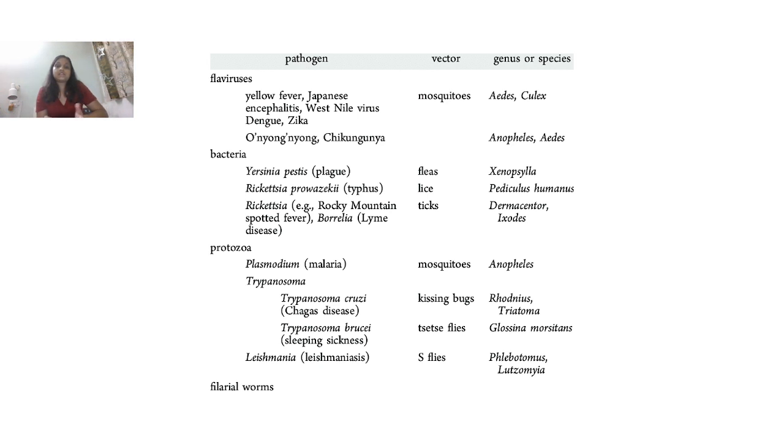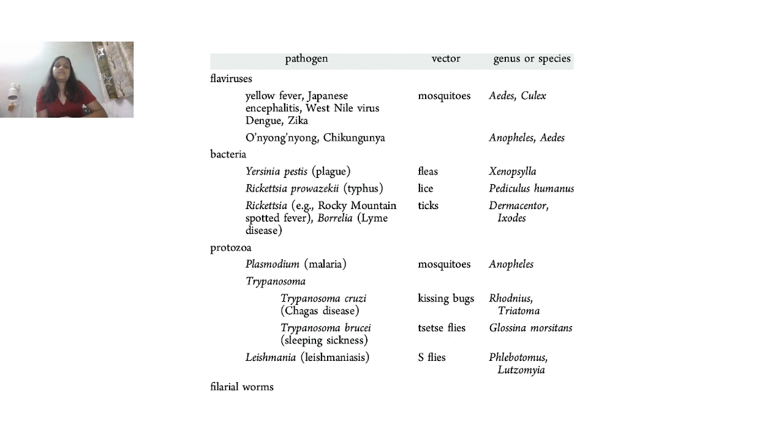Like flea, plague is caused by it, and I don't know whether you all know there was a big outbreak of plague where a huge population suffered. Bubonic plague it is named, and this is caused by the genus Xenopsylla of fleas. And lice, you all know what lice are. Ticks.